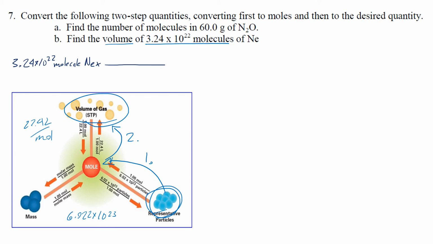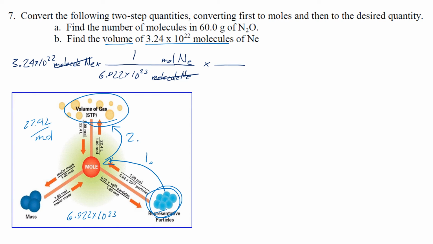To get out of molecules, we put it on the bottom, molecules of neon, and put moles of neon on top. We know that 1 mole of neon is 6.022 times 10 to the 23rd. This gets us out of molecules and into moles.